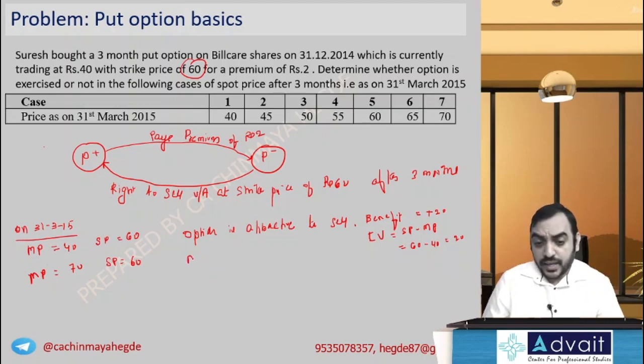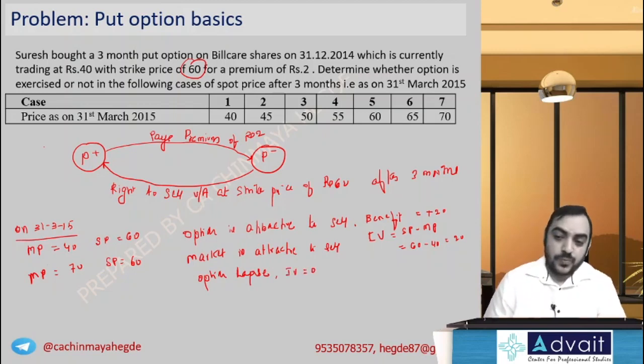So the market is attractive to sell. So what will happen to the option then? Option is not attractive. Option will lapse. Option will lapse means intrinsic value becomes 0.